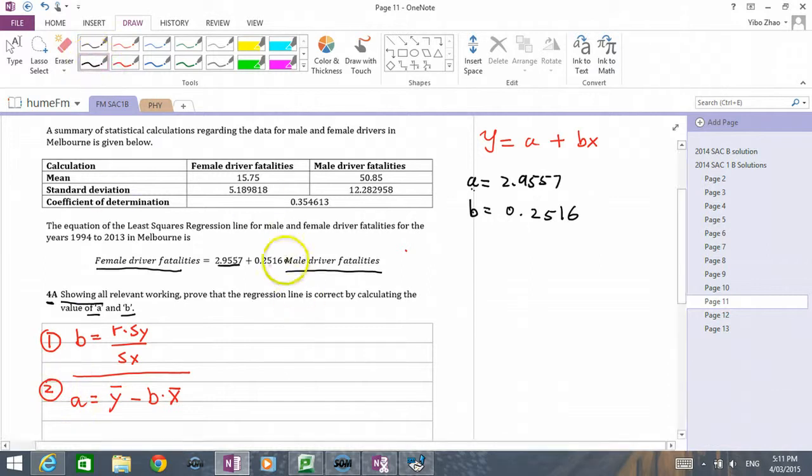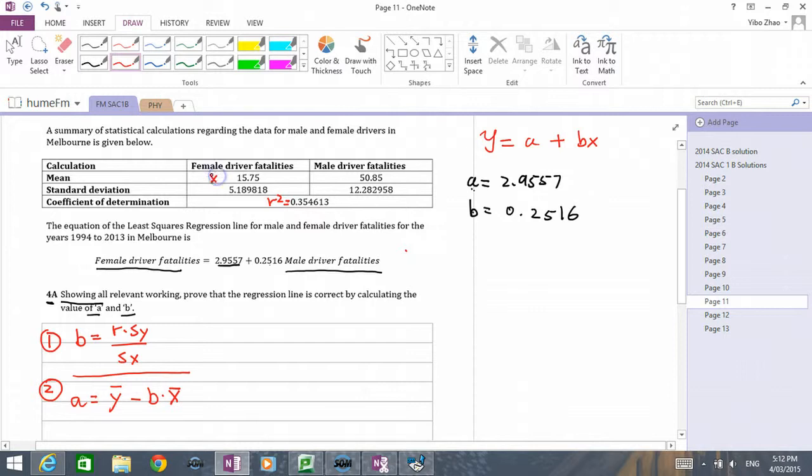Now let's do it in here. If we're going to do this by hand, we're going to need all these values. For instance, the R value. The question didn't provide me an R value, but it provided me an R square value, the coefficient of determination. Also, the question provides me a mean value.